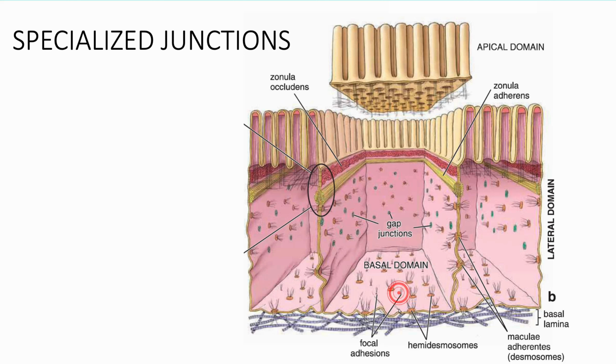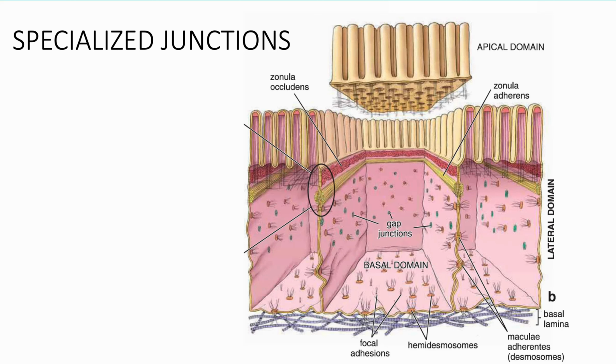Then in the basal domain we can see small focal adhesions, and multiple hemidesmosomes. And look here, you can see a very strong adhesion in the lateral domains of adjacent cells, and that is maculae adherens or desmosomes. That is also a type of anchoring junction. So this diagram will roughly give an idea how and where multiple types of specialized junctions are located. We will move on to see the details of individual junctions.